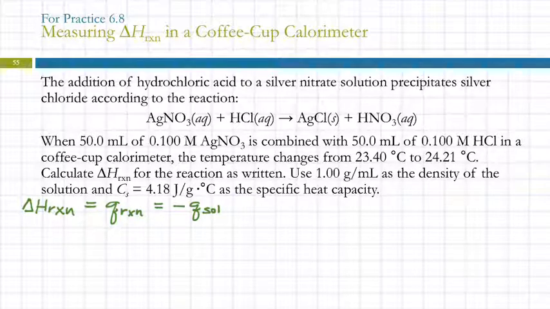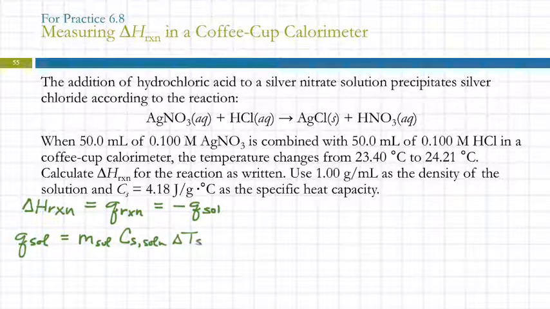So I'm going to calculate Q solution. Q solution equals M solution times C sub S for the solution times delta T for the solution.